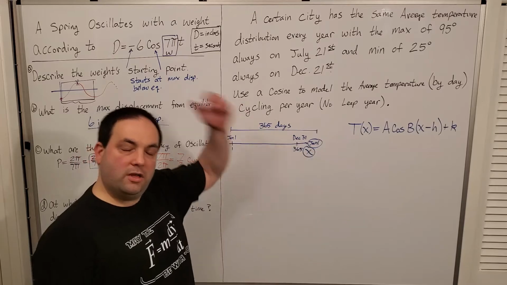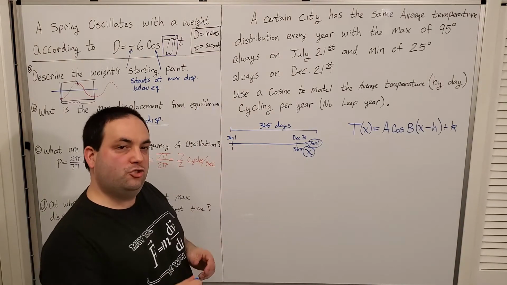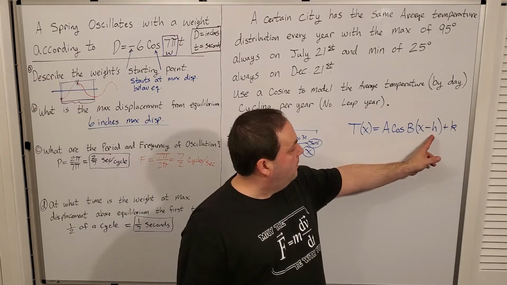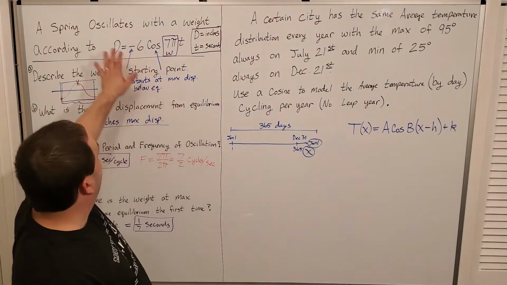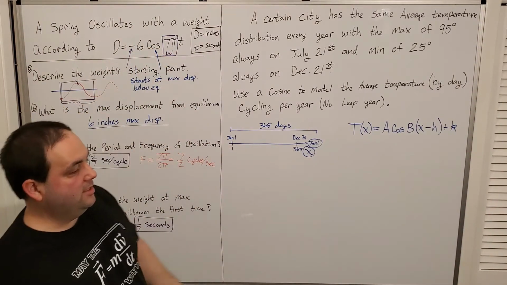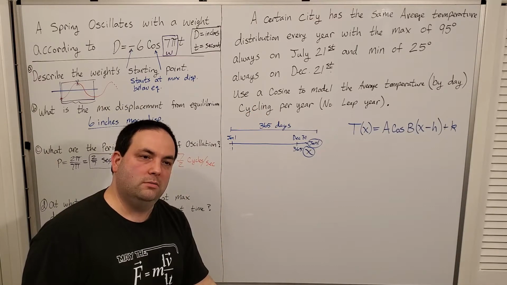Remember, that's the generic form we talked about when we were graphing sine and cosine, and it's how we construct sine and cosine models. I just didn't have to worry about the minus h and the plus k when we were dealing with the harmonic motion over here, because there is no displacement. It starts wherever you want it to start, right?